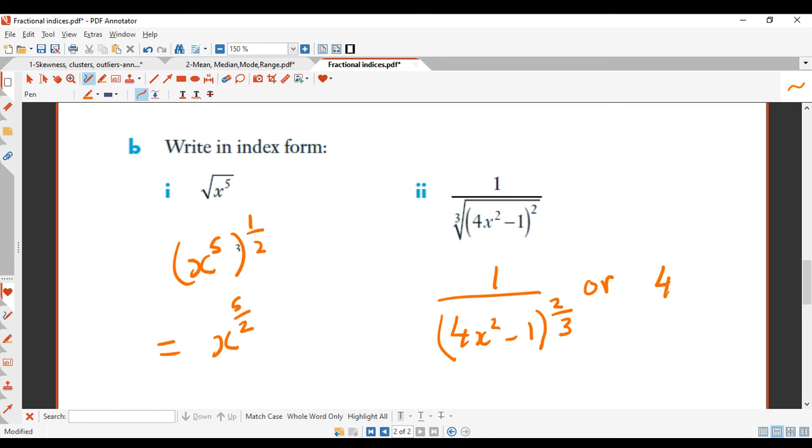Now, you could also write this as a negative index, so 4x squared minus 1 to the negative 2/3. That law that I used for this one came on page 1, and it goes like this: a to the m, the nth root, that's the same as a to the m on n. That's the index law that I used for this.